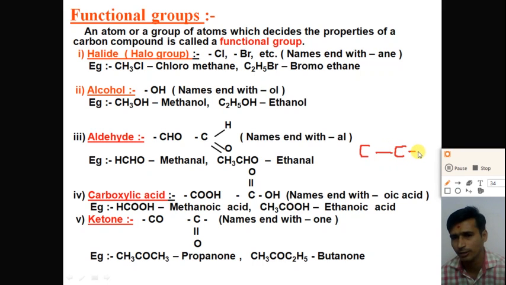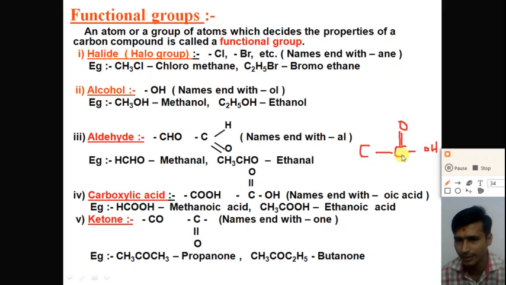So this carbon atom makes a covalent bond with the OH. It makes a double bond with the oxygen atom, right? So this carbon atom fulfills all the valencies, right?